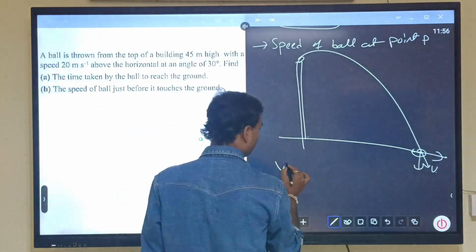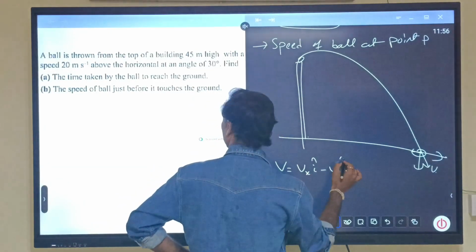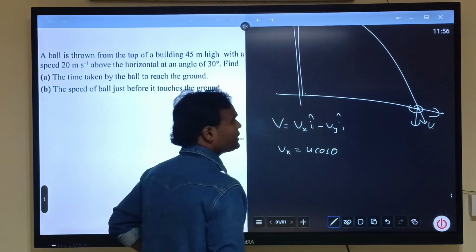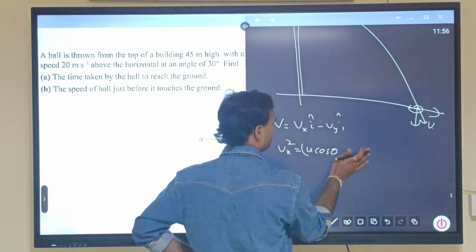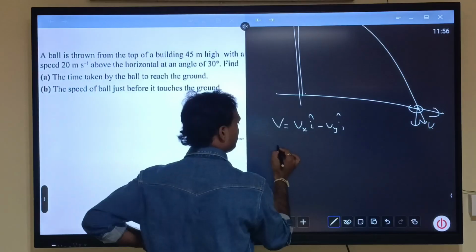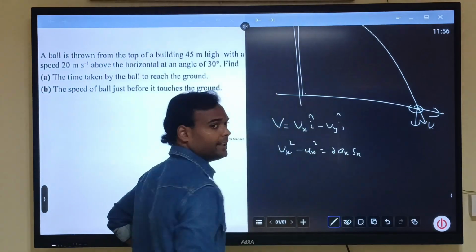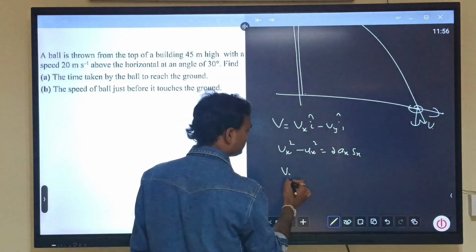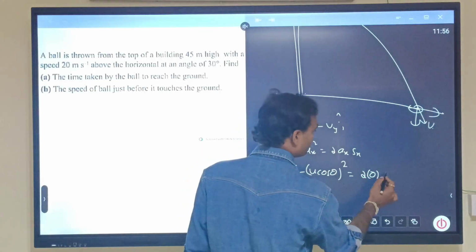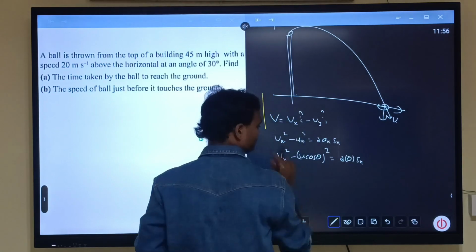Now, the velocity V equals Vx i minus Vy j. Now, Vx equals u cos theta, as we have just seen. Otherwise, we can find it using Vx square equals ux square plus 2ax sx, right? And the Vx value is u cos theta whole square plus 2 into 0 into sx, because there is no acceleration.